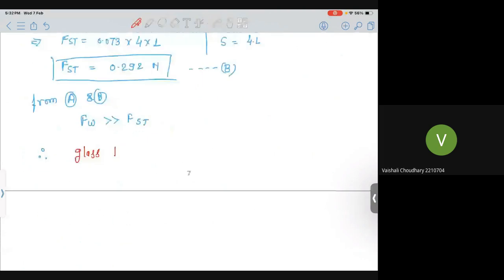So we can say that in this case the glass block will sink.